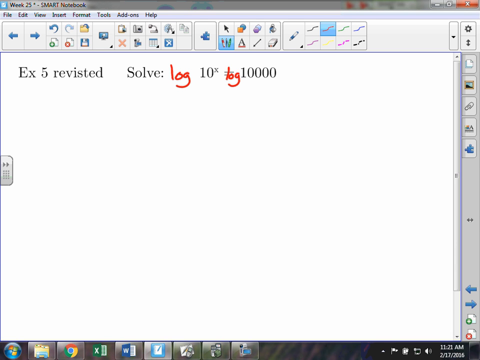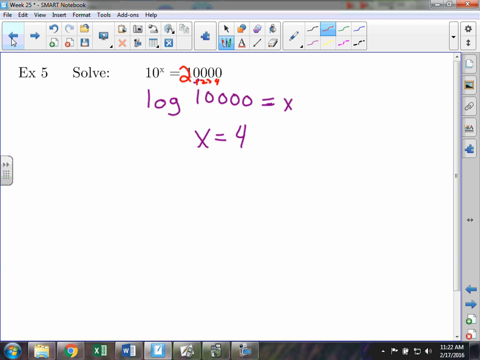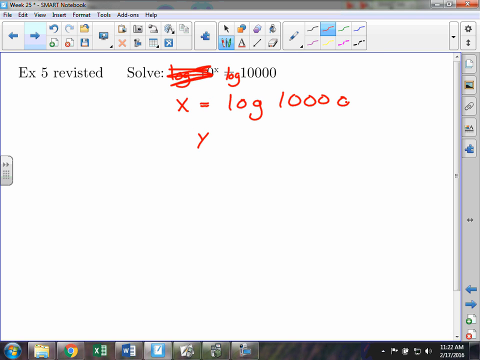The logarithm of 10, well, log and exponent cancel each other out. In the next video, we'll actually look at that in more depth and see why. But that gives us x equals log of 10,000, which should look very, very familiar. Same thing as what we just did. And so we'll wind up, of course, with the same answer, x is equal to 4.